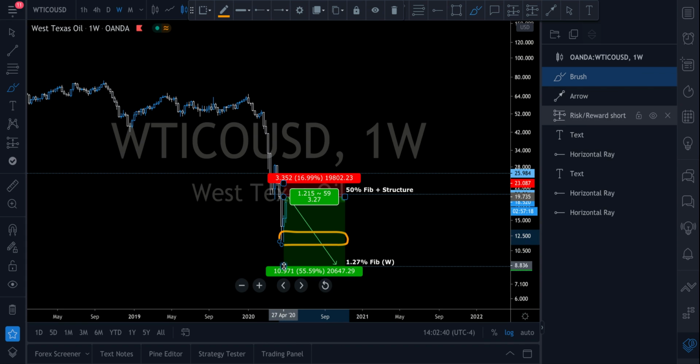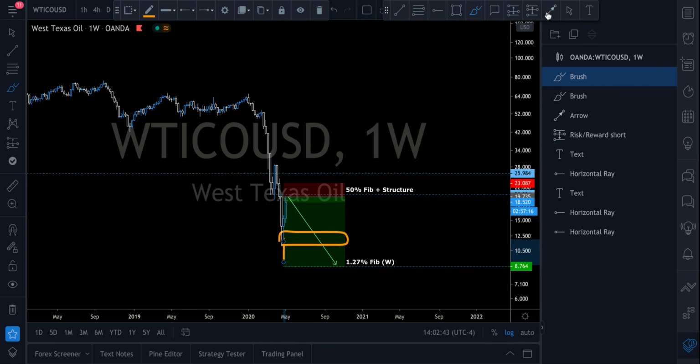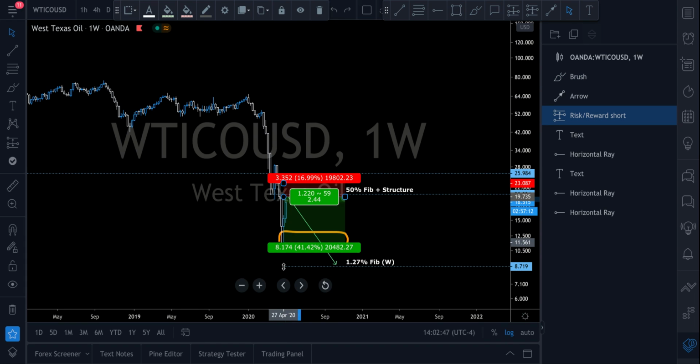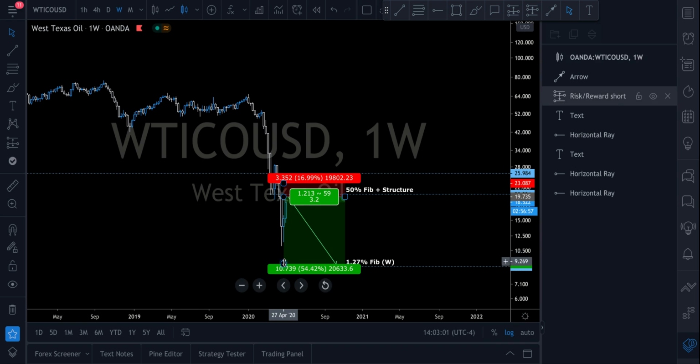So if you do start seeing some resistance in this area, then what you can do is just close it out manually, and we'll still be above that 1 to 2 risk to reward ratio, which is our minimum risk to reward ratio when we're executing trades. So that's why this is a good trade overall, even if you end up having to close out manually a little bit earlier than you would want to.